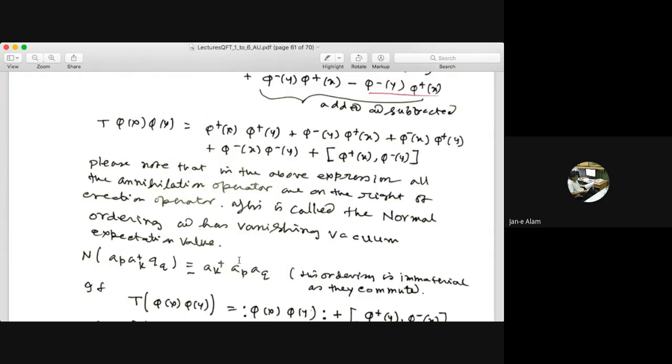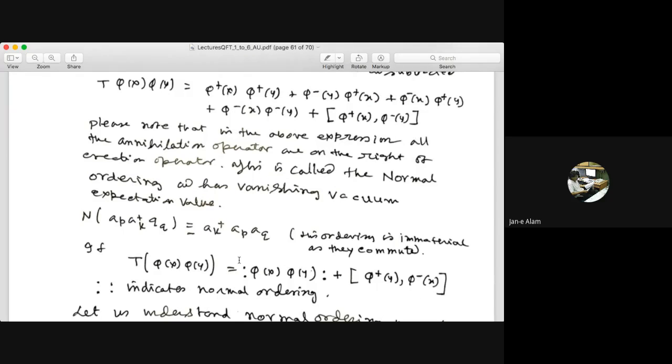So it has just come there. Now, you should all remember one important point: I can do that because I am working with a scalar field, or a field which is associated with bosons. If they are fermions, then you will see later that these operators will anti-commute. If they anti-commute, then there will be a negative sign coming here, right?